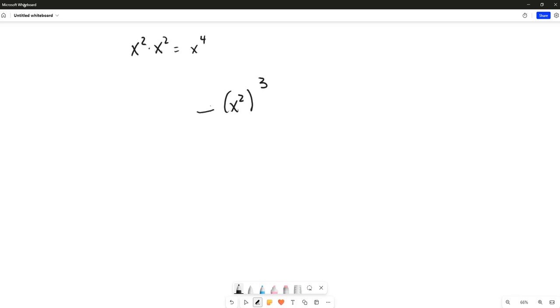But here we're taking everything inside these parentheses and multiplying it times itself 3 times. So this is the same as x squared times x squared times x squared. If we add all these together, that would be x to the 6th power. But the shortcut is just to multiply the exponent times the power that it's raised to. So this is x to the 6th power.